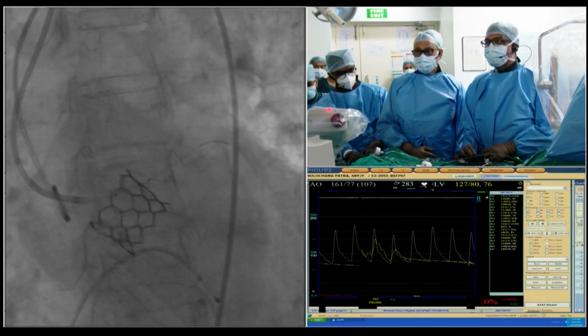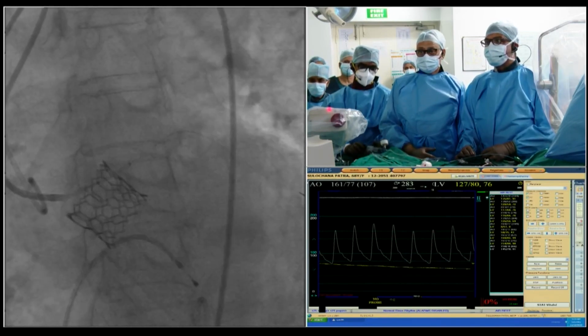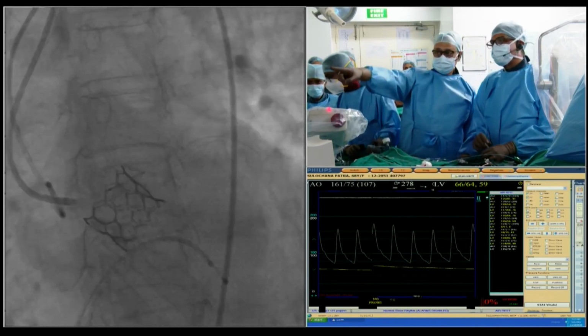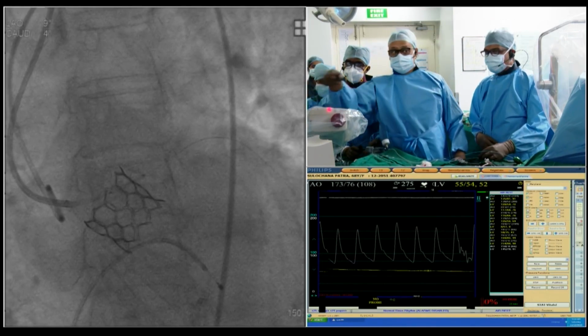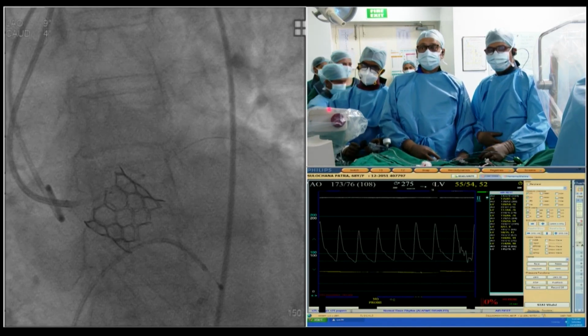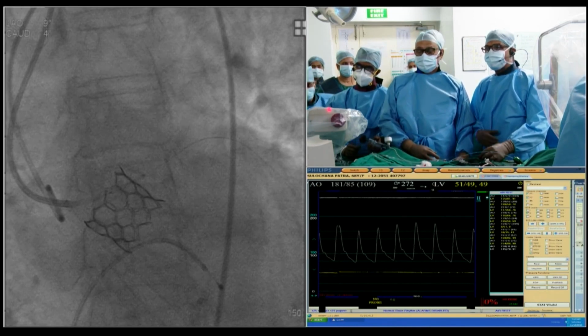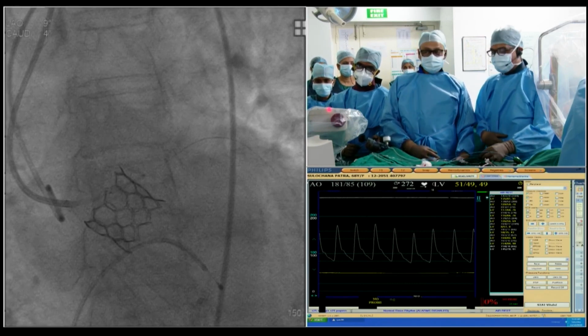That could have been done before even the procedure. When do you preload a stent in the coronaries? I don't preload now because I used to waste a lot of stents by preloading. After the guideliner is there, I don't place the stent ahead of time.